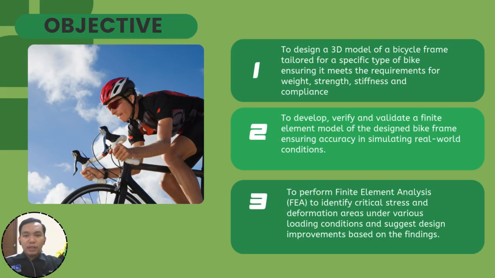The second one is to develop, verify, and validate a finite element model of the designed bike frame, ensuring accuracy in simulating real-world conditions. And the third one is to perform finite element analysis (FEA) to identify critical stress and deformation areas under various loading conditions and suggest design improvements based on the findings. So these are the three objectives that we have highlighted in our project.